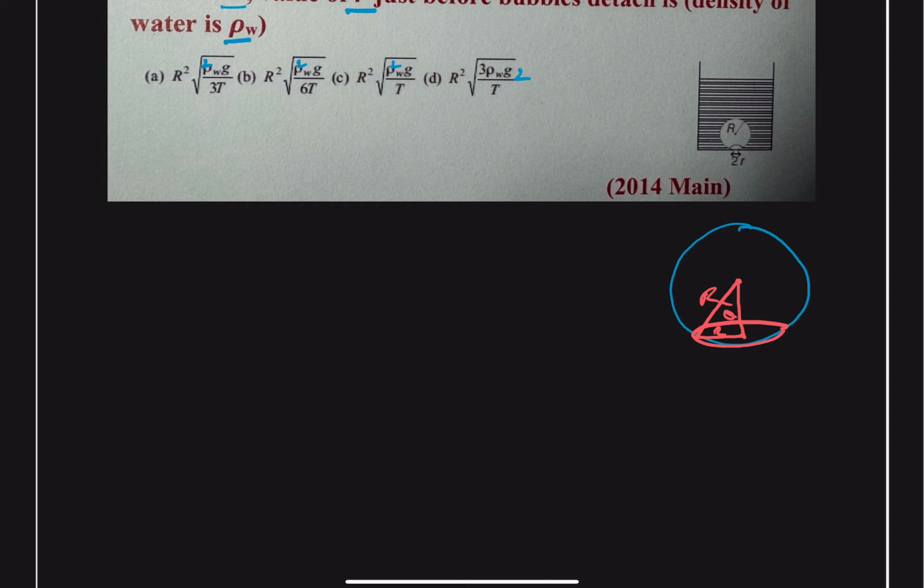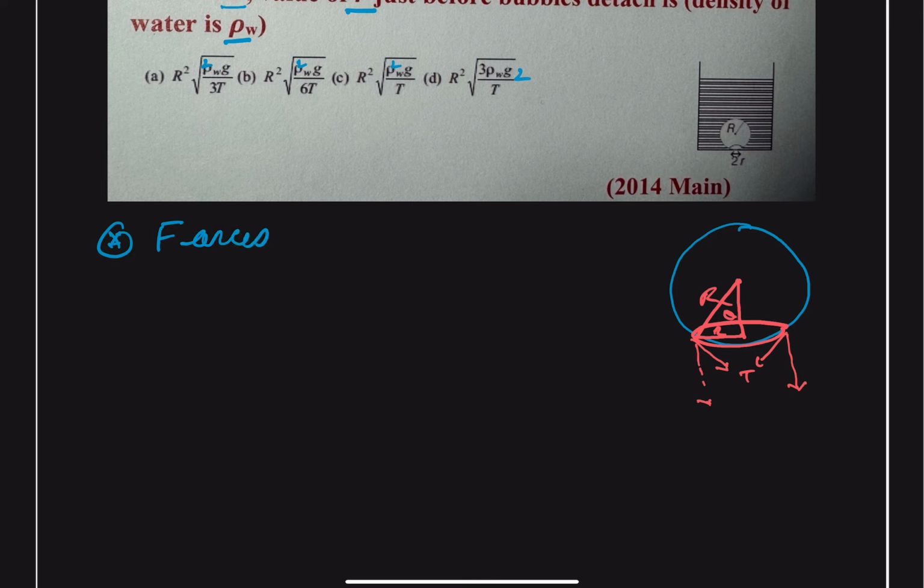One will be the buoyant force in the upward direction, and the other force will be the force of tension T, which will be acting in the tangential form, and one component of this surface tension T will be acting vertically downward. So we are going to start from there only, that there are two forces acting on this sphere.